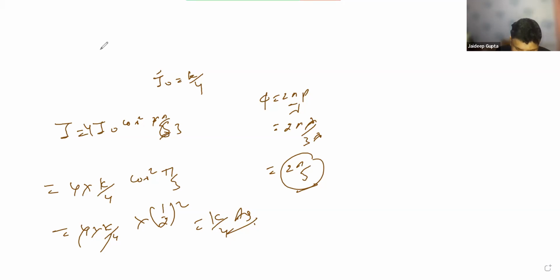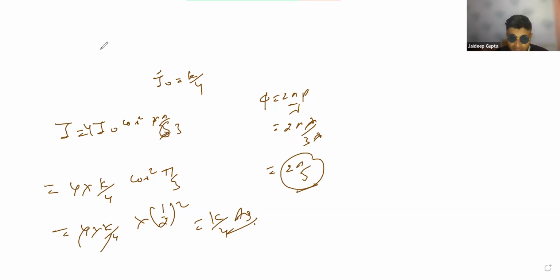Now write down the question. Find the ratio of the intensities of 2 points P and Q on a screen in YDSE experiment when the waves from the sources S1 and S2 have phase difference.